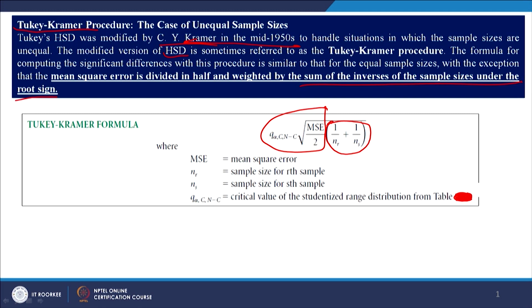So, this is the sum of inverses. The mean square error is as usual, which we obtained in the HSD test as well. Sample size of the Rth sample, sample size of the Sth sample, right, and these are different values which you will get in the table. So, at this particular combination, we take the critical value of the studentized range distribution from the table.